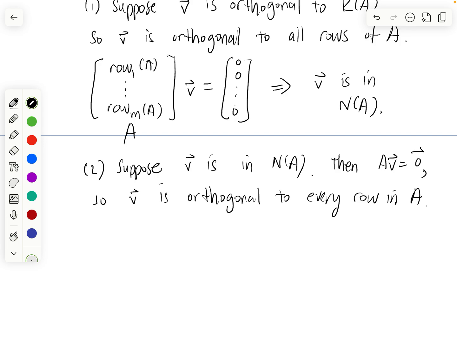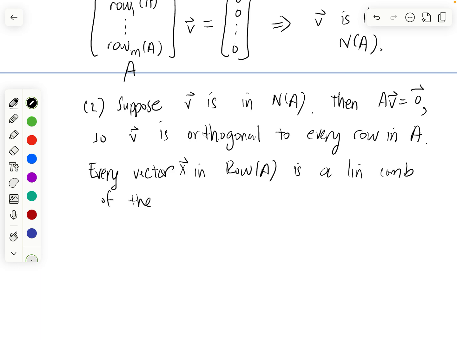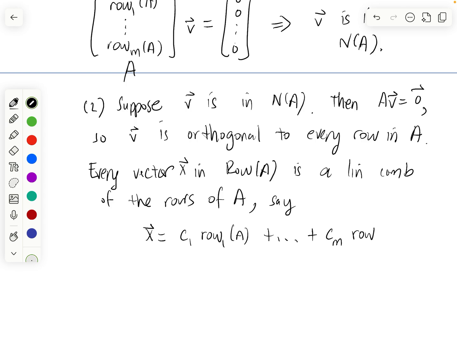It's because of the property of the dot product. Every vector in the row space of A, let's call this vector x, is a linear combination of the rows of A. So let's say that x is C1 times the first row of A plus C2 times the second row of A, and so on up to Cm times the mth row of A.